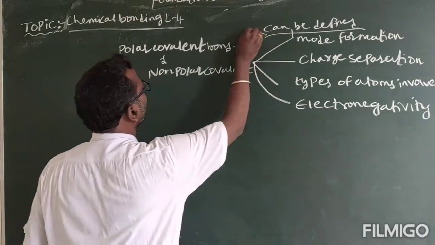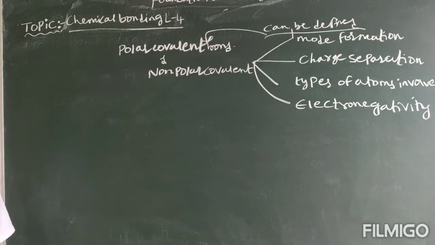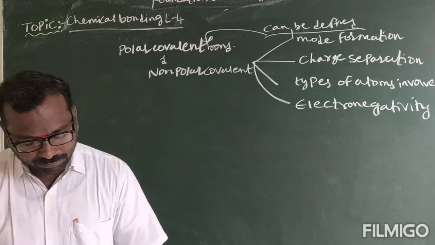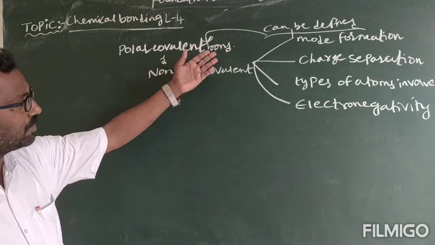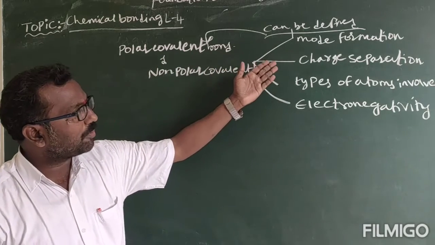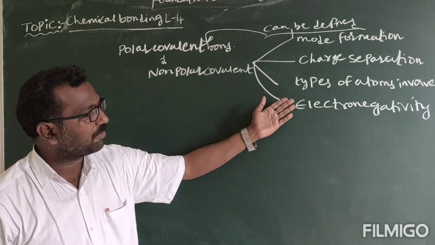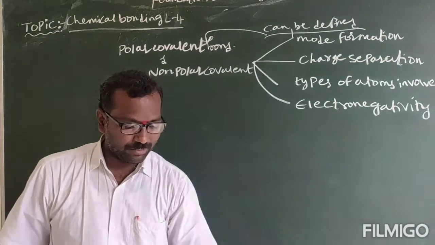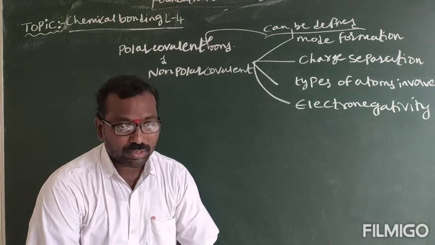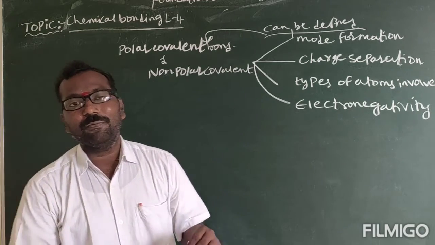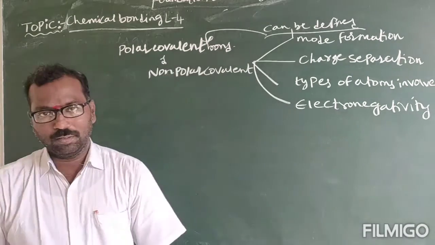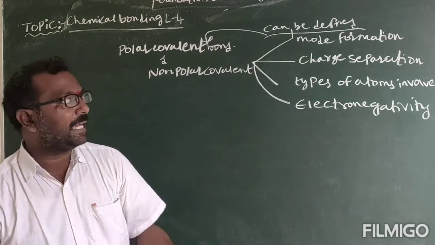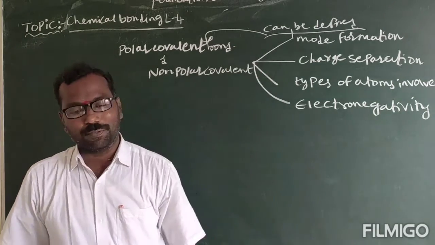Okay, polar covalent bond and non-polar covalent bond definitions you can define by mode of formation, charge separation, types of atoms involved, and also electronegativity. Now I will be explaining in detail about these concepts one by one.